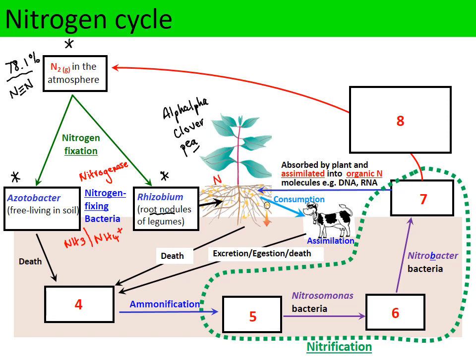So we know ammonia will be delivered to the plants that's been fixed by Rhizobium bacteria in the root nodules. We know the plant supplies sucrose and also some other amino acids to the Rhizobium bacteria. So it's symbiotic.